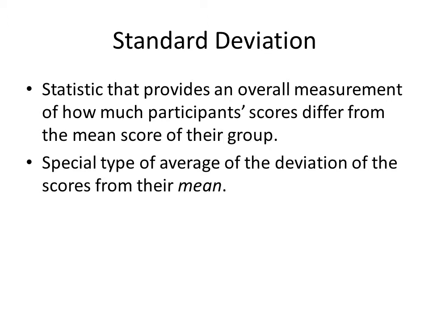Standard deviation is a statistic that provides an overall measurement of how much participants' scores differ from the mean score of their group. It is also a special type of average of the deviations of the scores from their mean.